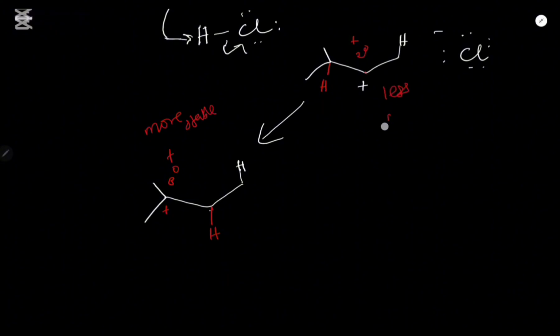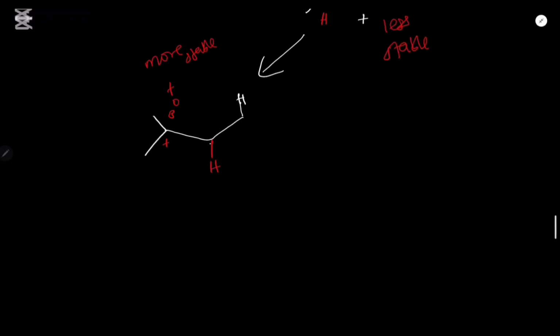This one is less stable. So automatically this will be your major product. The one with the positive charge on tertiary will be our major product.